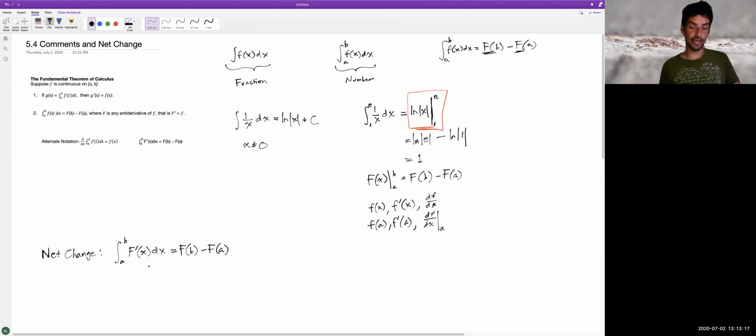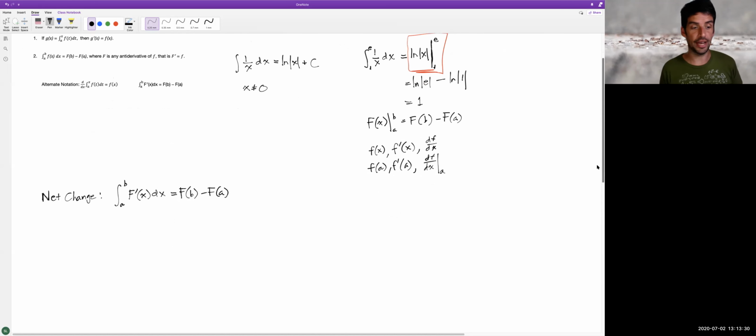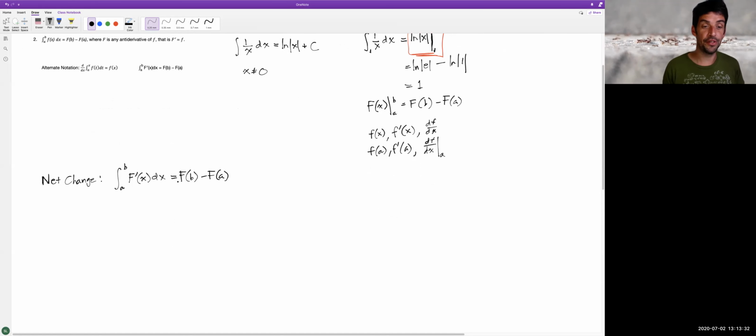But look at what this is saying. If this is a derivative, we can think of a derivative as a rate of change. It tells us how F changes. If you integrate over this rate of change, what do you get? The value at the end minus the value in the beginning. In other words, the net change.